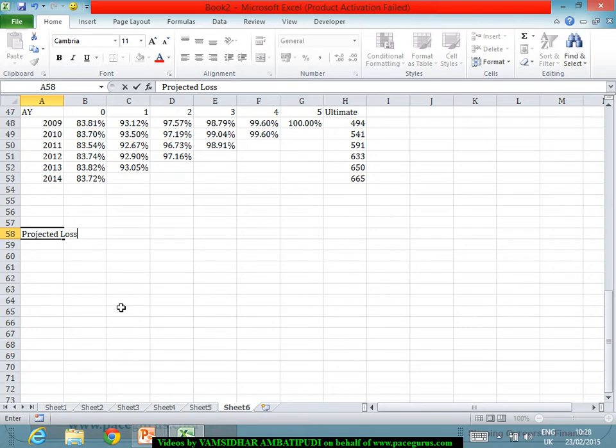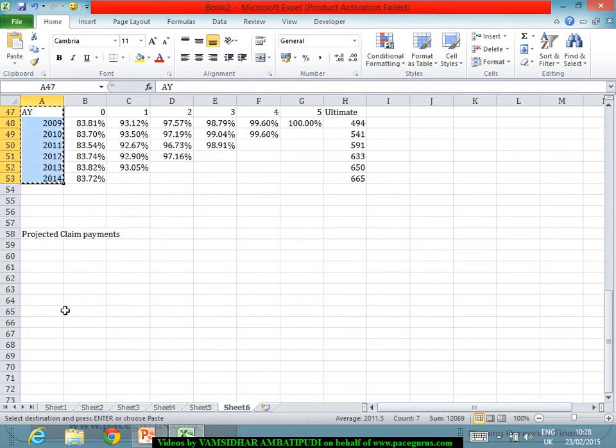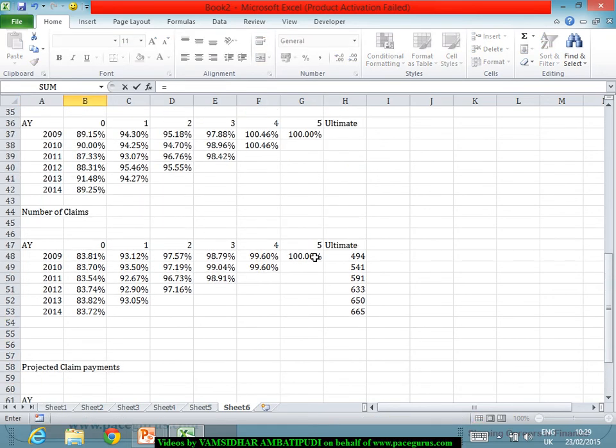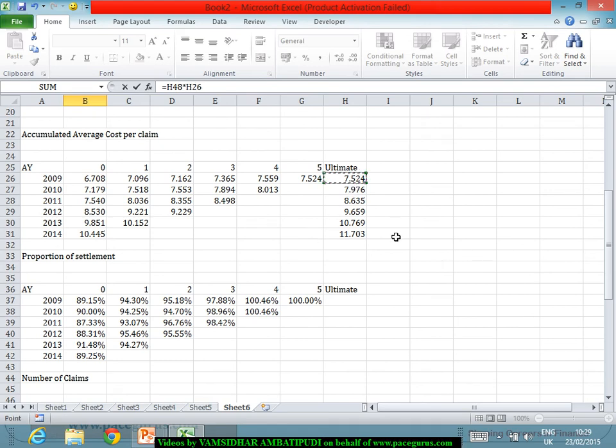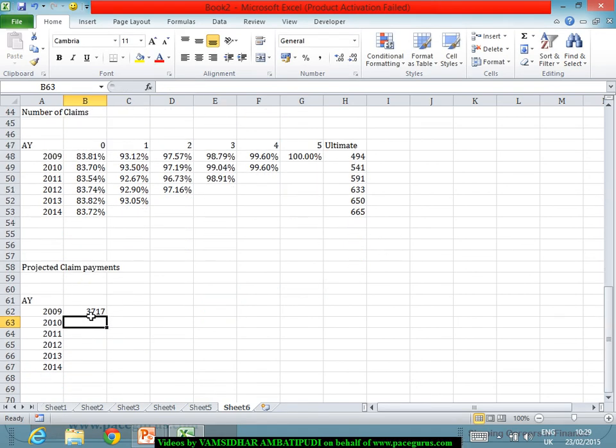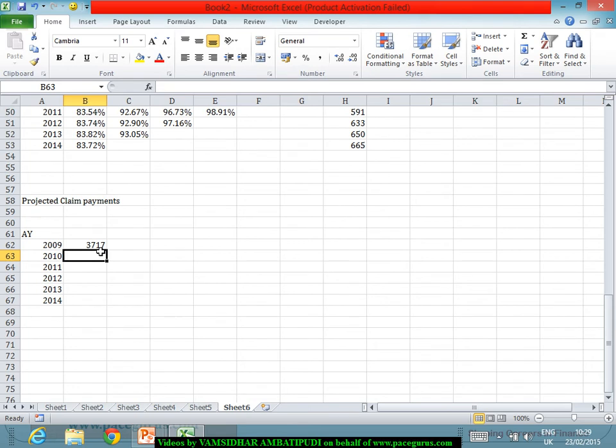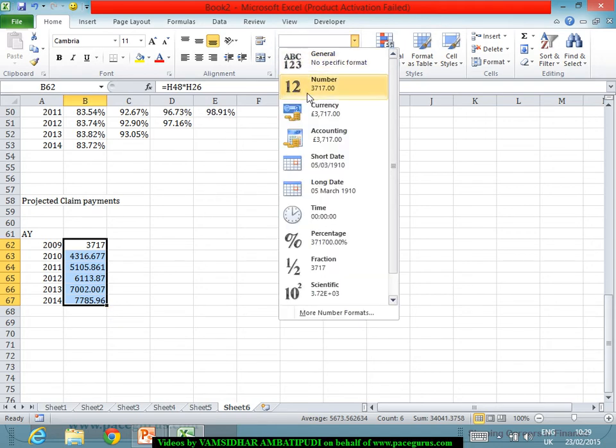So projected claim payment for each of the years, I can do a projected claim payments now, which is nothing but the multiplication of the number of claims multiplied by whatever is the ultimate cost per claim, which worked out to 3717, and probably for each of the years approximately these are the numbers that are working out.